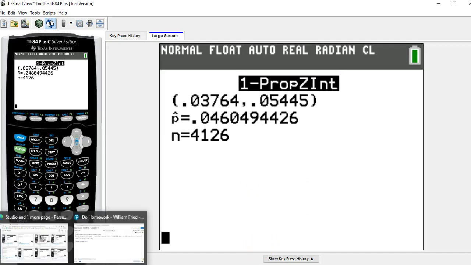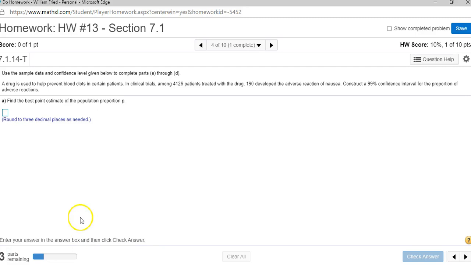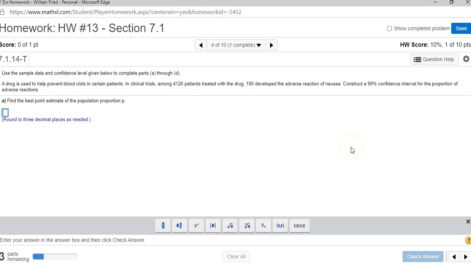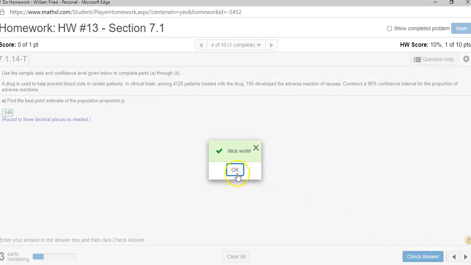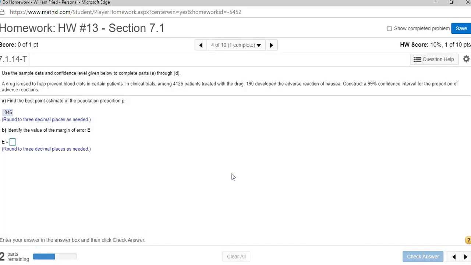Let's go back to the homework. So the best point estimate is that p hat that the calculator gave. It says it wants 3 decimal places, 0.046. Nice work. Oh, the margin of error. I wasn't ready for that.